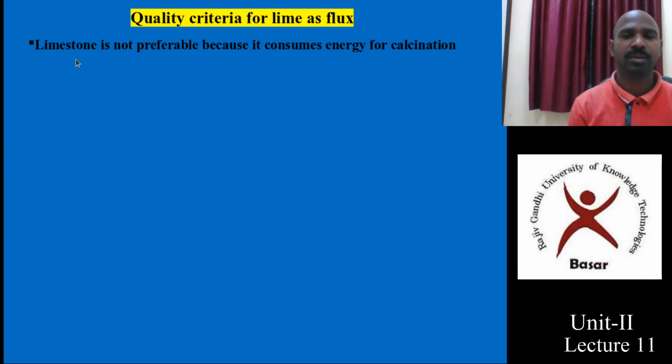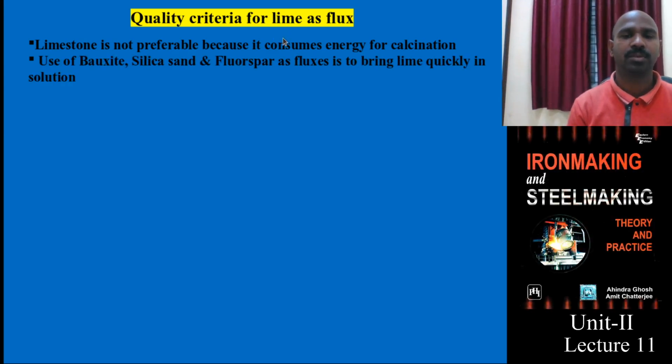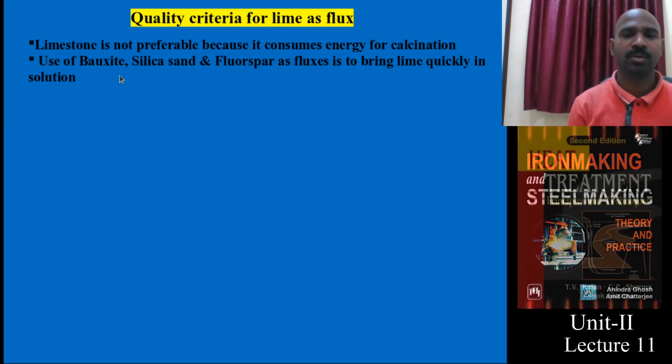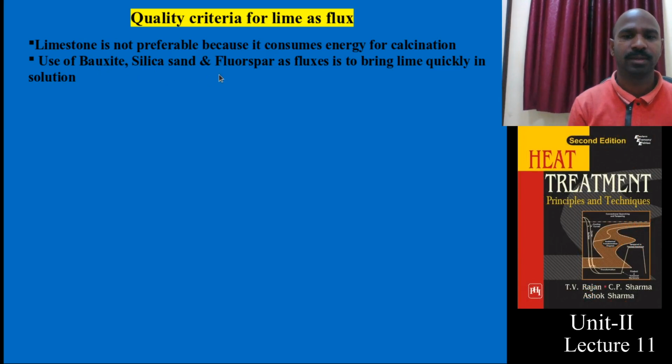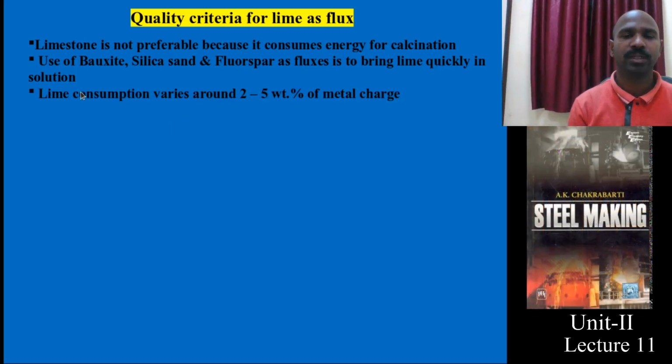Limestone is CaCO3, lime is CaO. That is why lime is preferably used in practice. Along with the lime, if you use a combination of bauxite such as Al2O3, silica SiO2, and fluorospar CaF2 as fluxes, the lime quickly goes into the molten metal solution.